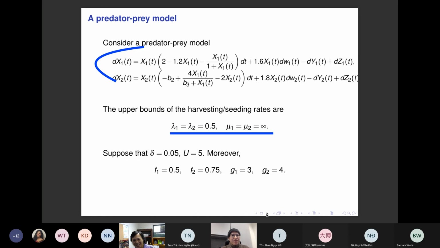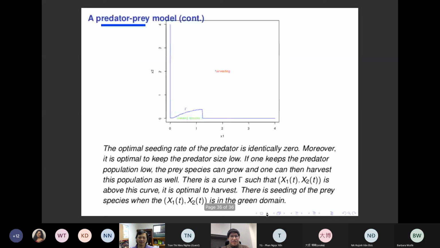I have had some discussion with some people about possible applications. They really want to see the graph where we determine the domain, the domain in which they keep or harvest, and they want to determine the rate.